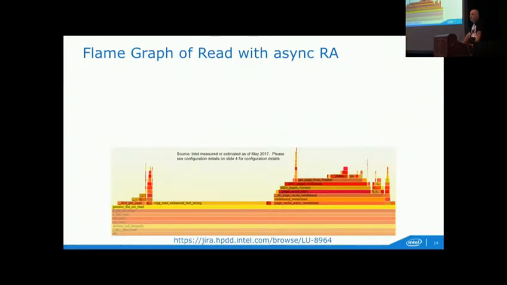After this work was done, I again tried to measure performance, and first of all, I got the flame graph of the new read operations. So right now, you can see the picture is much different, and half of the time of all read operations is now spent in user data copy.